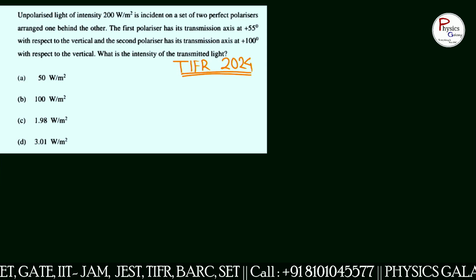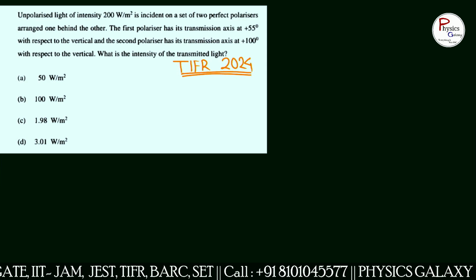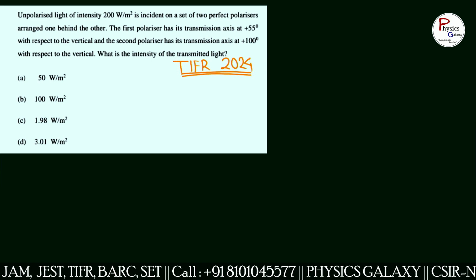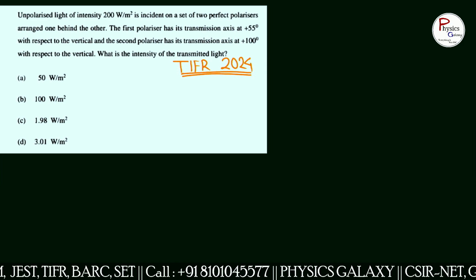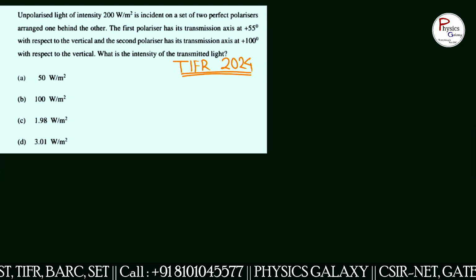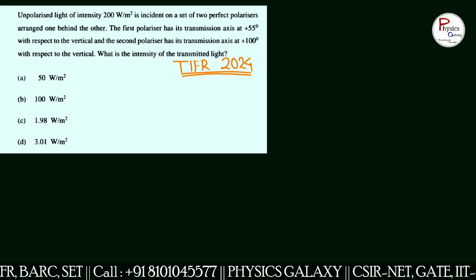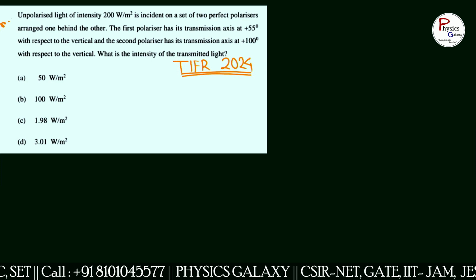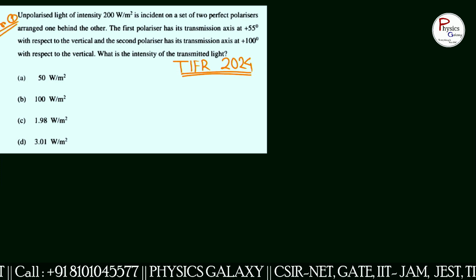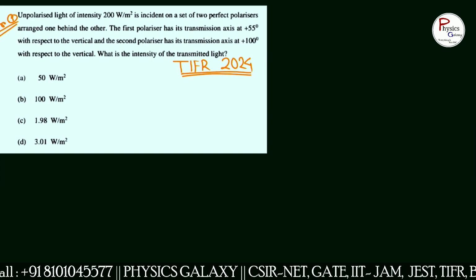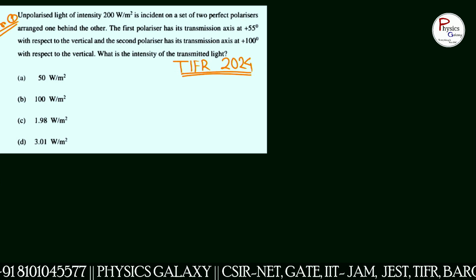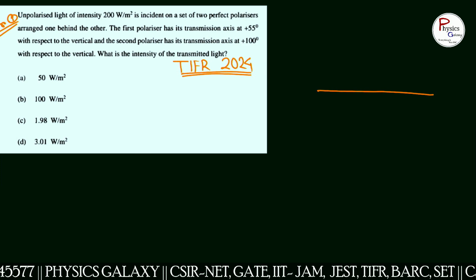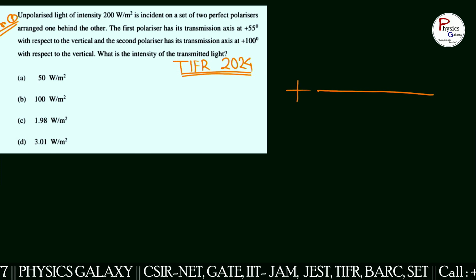The first question was asked in the TIFR 2024 December paper from EMT. Unpolarized light of intensity 200 watt per meter square is incident on two perfect polarizers. So it is the first question. If we draw the diagram, the unpolarized light was given.